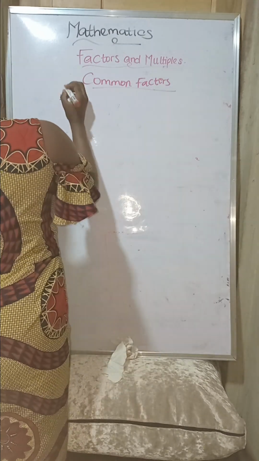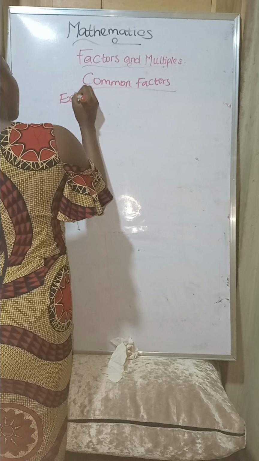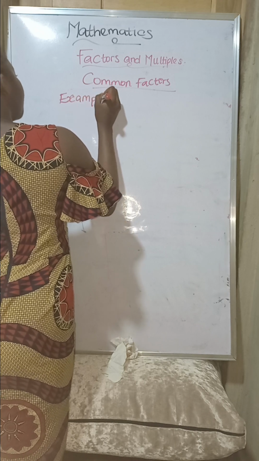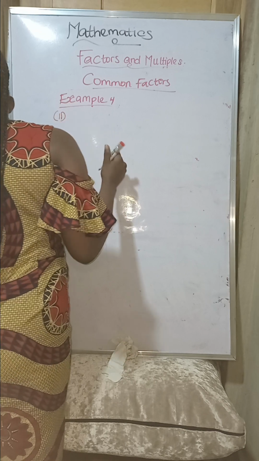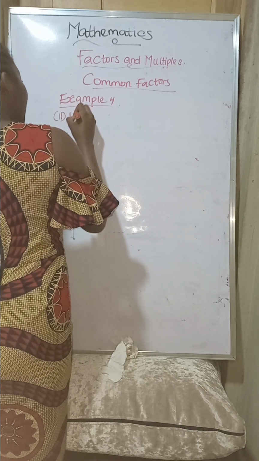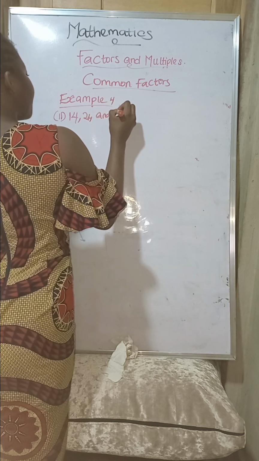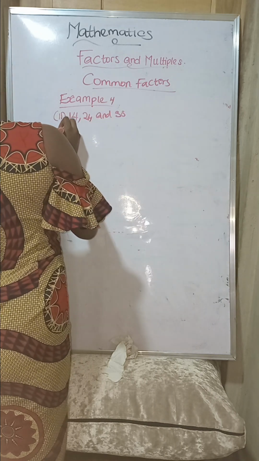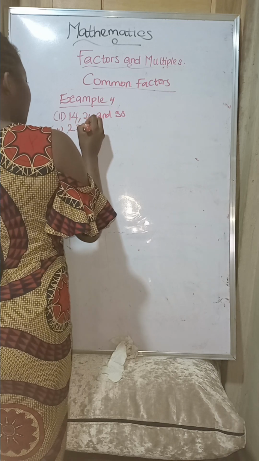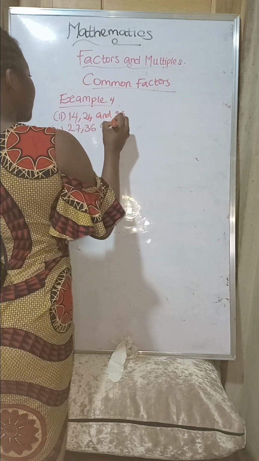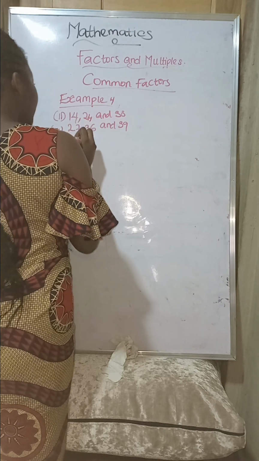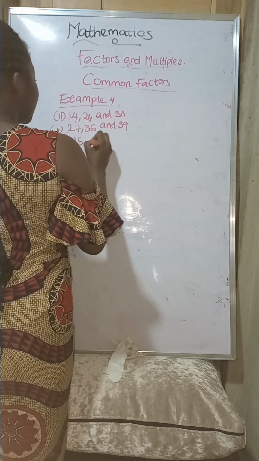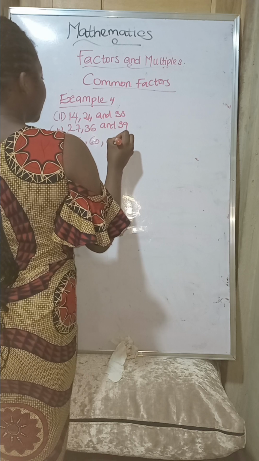Example 4. We're writing the common factors of 14, 24, and 38; then 27, 36, and 39; then 50, 60, and 75.